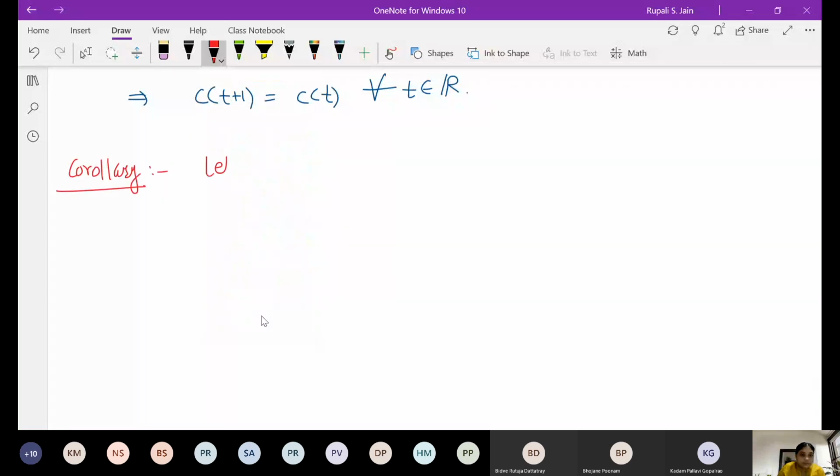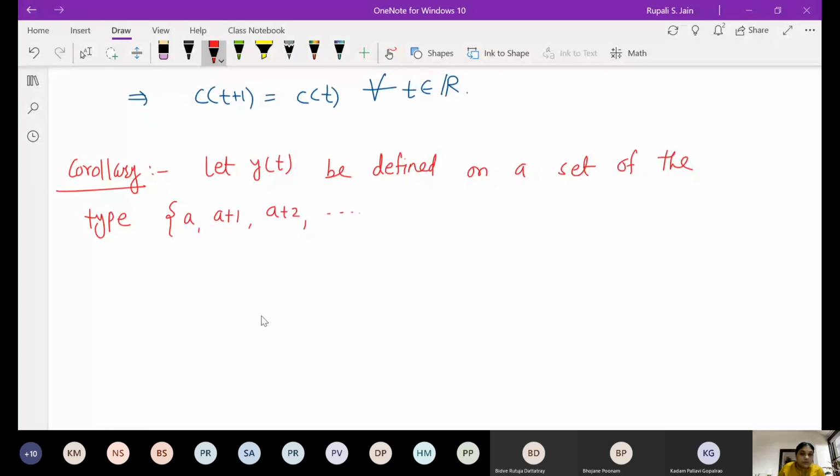Let y t be defined on a set of the type A, A plus 1, A plus 2, and so on, where A is any real number.